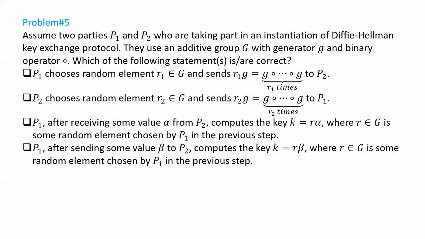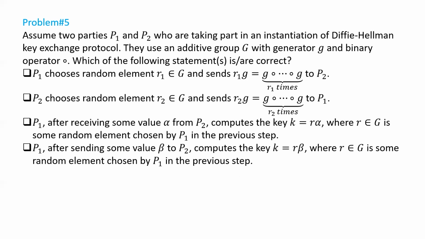The third statement says that P1, after receiving some value alpha from P2. So alpha can be of the form, say, R2G. So P1 receives something from P2, and after receiving that, how does P1 compute the key? That is K equal to R alpha. Alpha is received from the other party, and R is some randomness chosen by P1 itself in the first step or in the previous step.